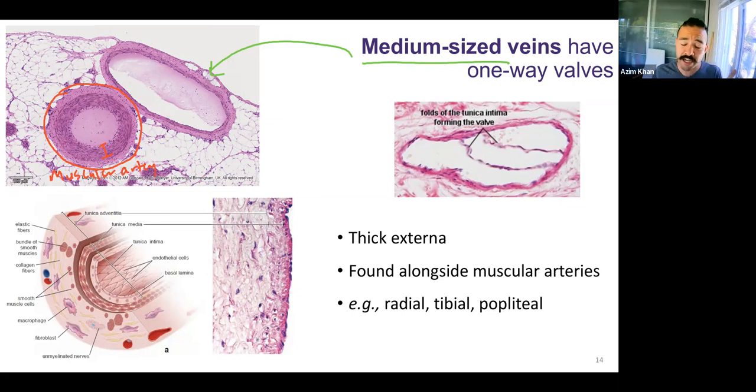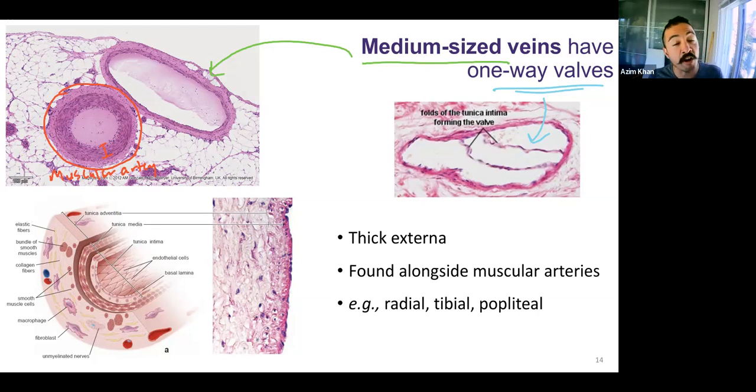And because they have larger diameters, they often even collapse a little bit. One other distinguishing feature of medium-sized veins is that they have valves. They have one-way valves. We saw valves in the heart to allow for one-way flow. Valves are present here in veins, specifically in medium-sized veins.